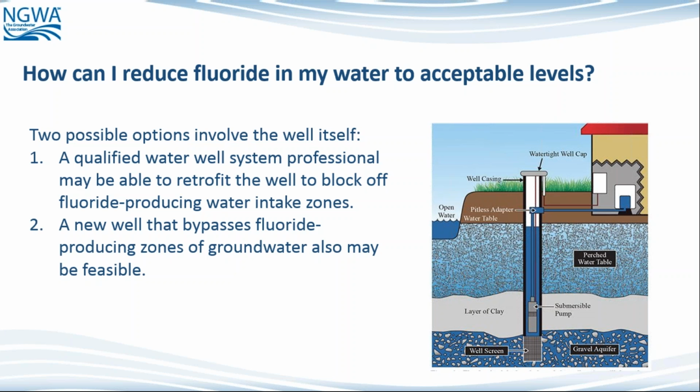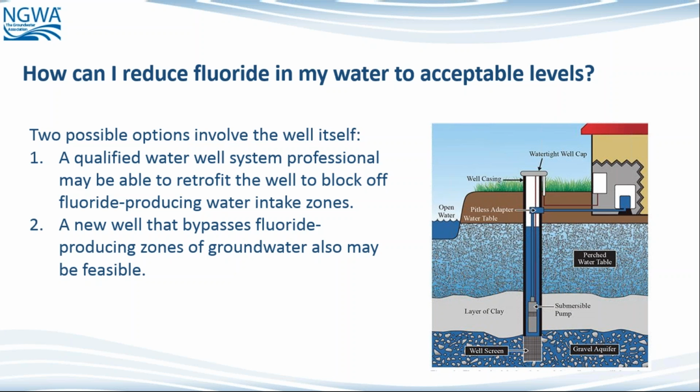Certainly, number two, anytime that we're looking at drilling a new well, we want to do an evaluation or at least utilize, or our well contractor will utilize, historical data on the aquifer, and they'll be able to determine if that particular aquifer area might have fluoride issues, and if the potential exists to design the well around those areas where we don't put a screen zone into that particular area of the aquifer.